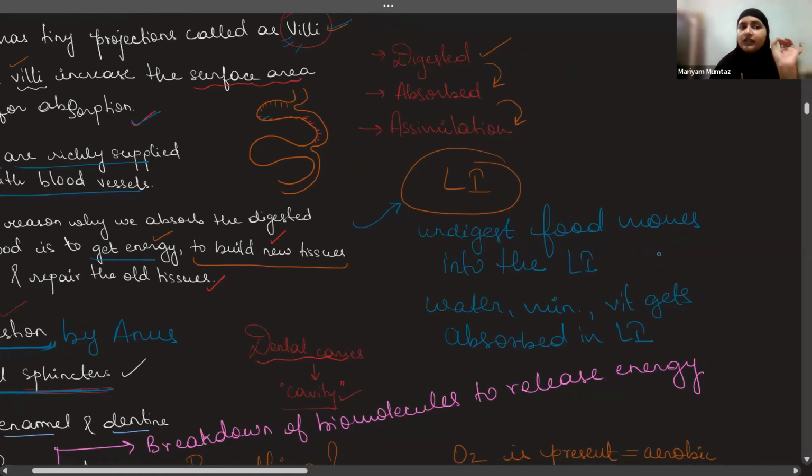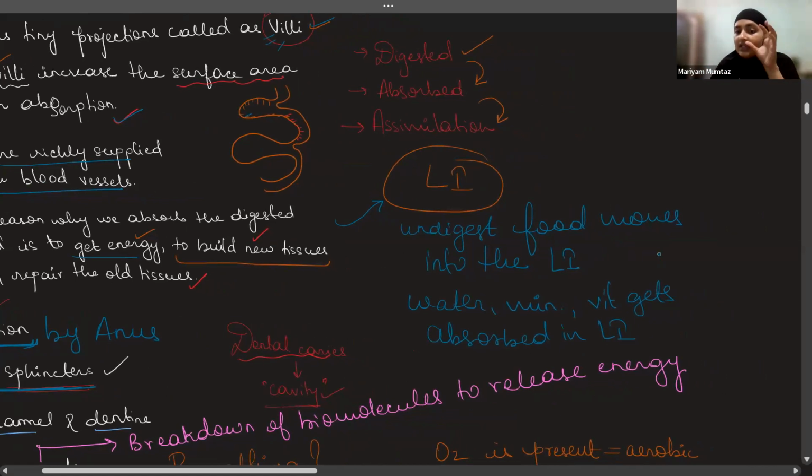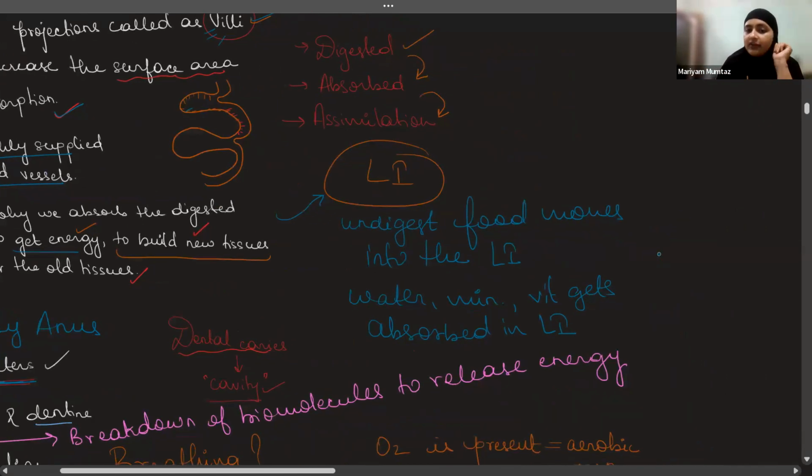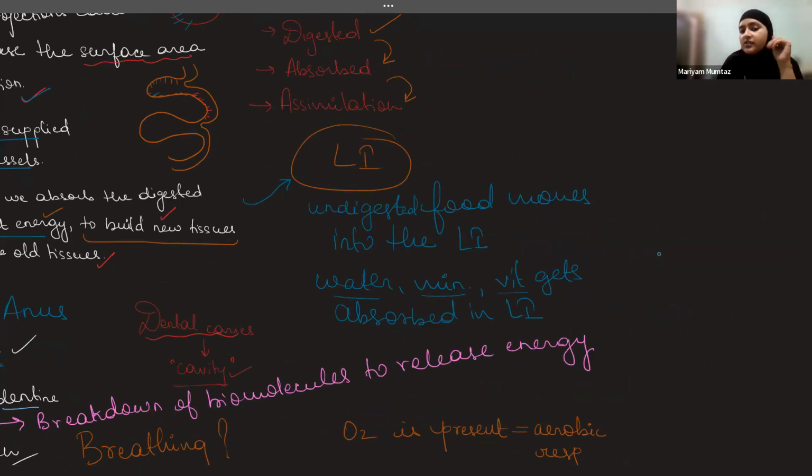Even after that, some of the food particles that did not get digested, the undigested food, will move into the large intestine, wherein the water, the minerals, and the vitamins all get absorbed. No digestion happens in the large intestine, only absorption.